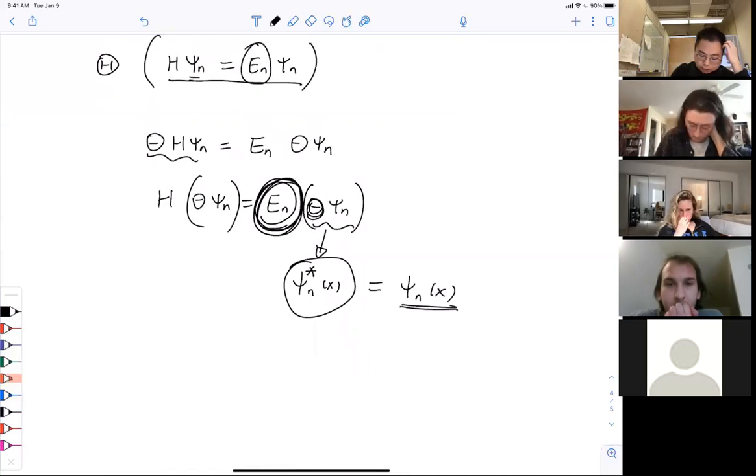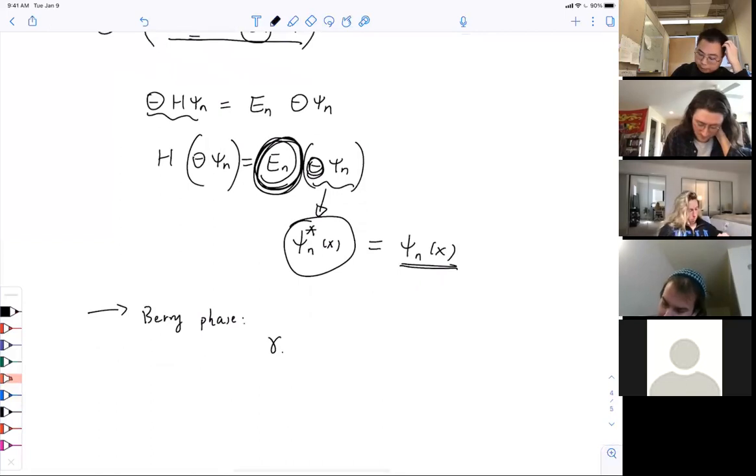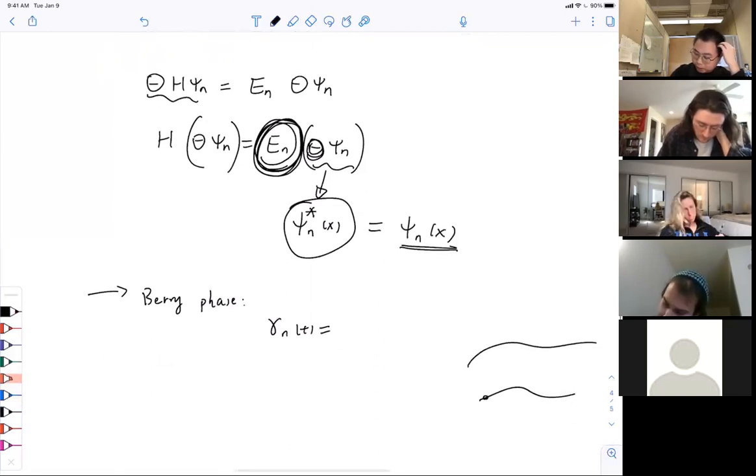And just a side remark, related to the Berry phase you learned this week, I think. You know the Berry phase. For example, we initialize our state at some energy eigenstate n, and then we adiabatically evolve this system.